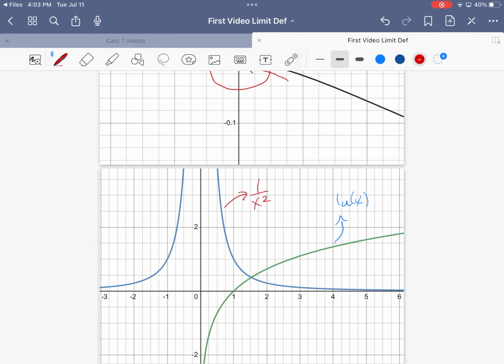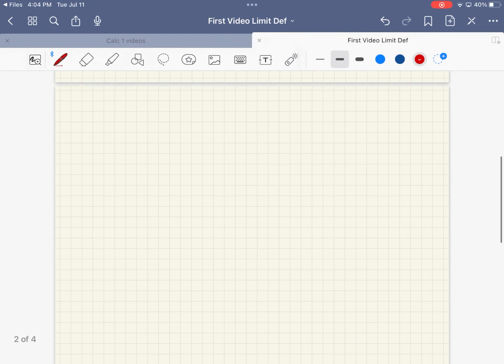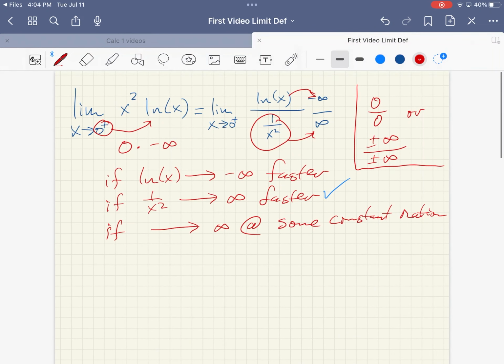Now, at any given x value, it appears that this one is larger than this one, and the difference is getting larger and larger. In other words, 1 over x squared does appear to be going towards infinity faster than natural log of x is going towards negative infinity. So we think that the denominator is kind of ruling the play here, and therefore we think it should go towards 0.